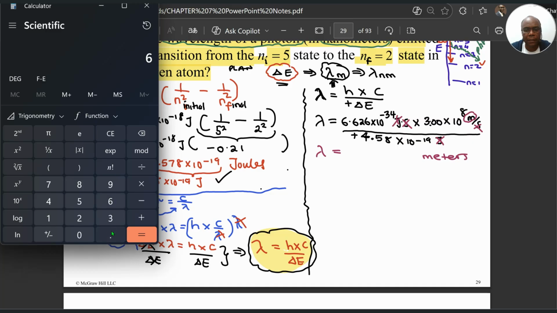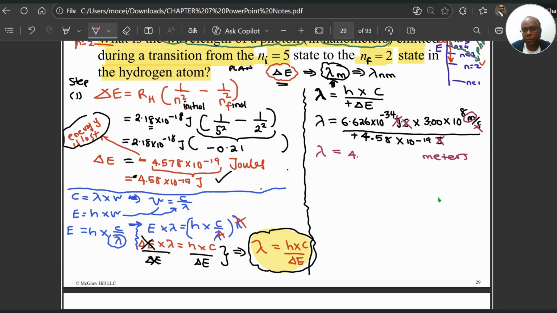We take our Planck's constant 6.626 exponent negative 34, multiply it by 3 exponent 8, and then divide it by 4.58 exponent negative 19. So we are getting 4.3436 times 10 to the power negative 7 meters.